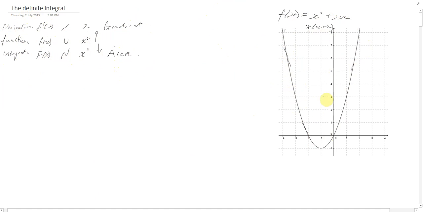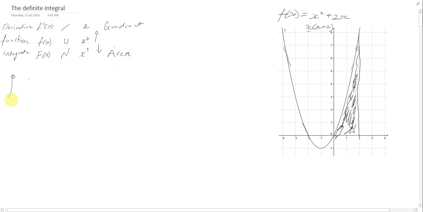So let's say that I want to find the area of this curve, this bit of area here, this whole bit in here between when x is 0 and when x is 2. That's the bit of area that I want to find. So let's write this down. We're doing a thing called a definite integral.